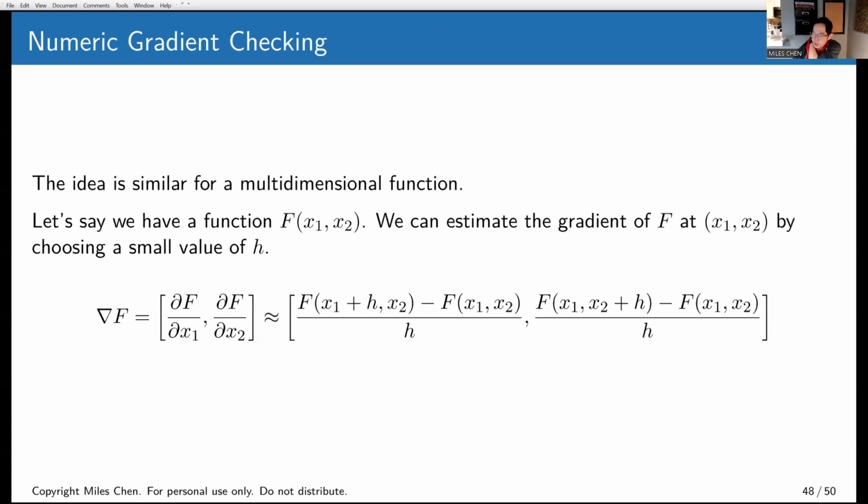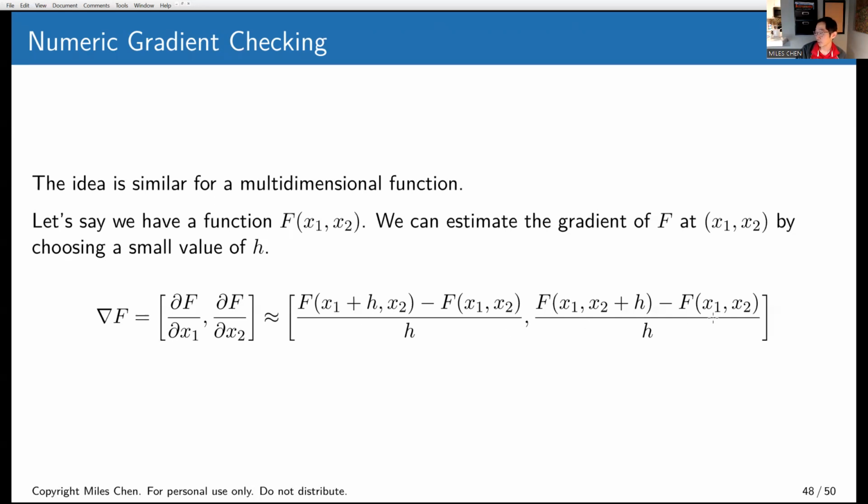So an important thing is you have to do each component separately. So if we have two components, an x1 and an x2, to estimate the gradient numerically, you add on an h to the x1 and you leave the x2 alone. All right. And that will give you your approximate partial derivative with respect to x1.